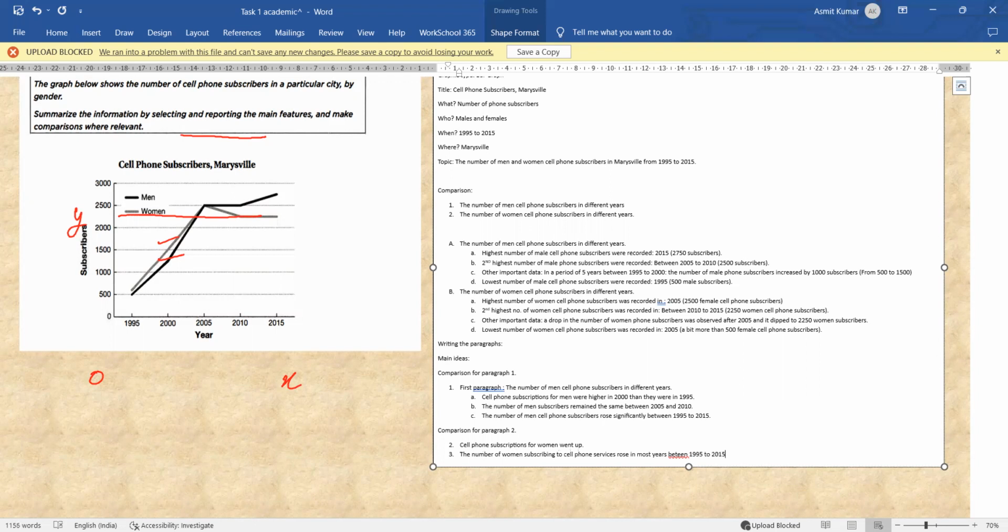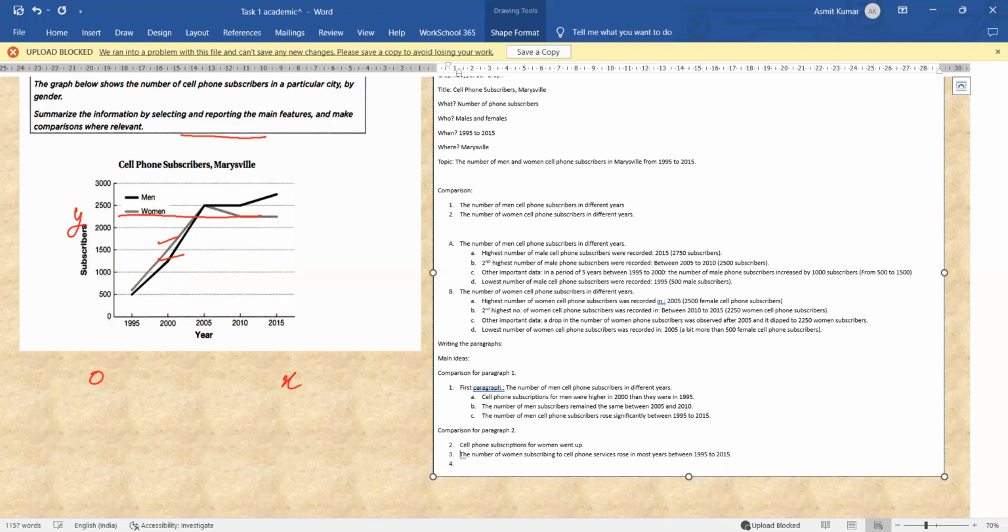I have not said that in every year it has only seen an increase in the number, but in most years I have written, because we have seen a drop also between 2005 to 10. That is why I have written most years.